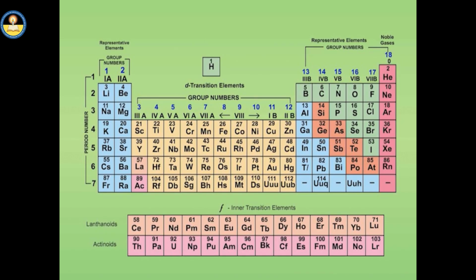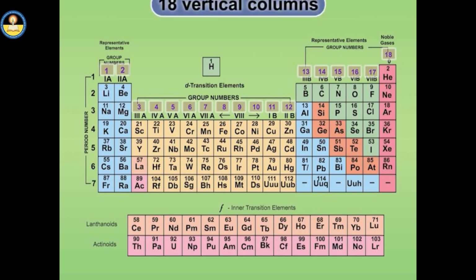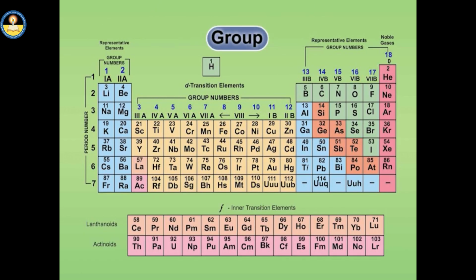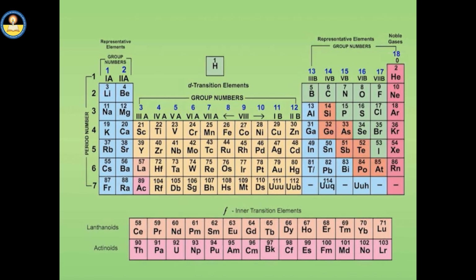The long form of the periodic table consists of 18 vertical columns or groups. These are denoted as 1A, 2A, 3A, 4A, 5A, 6A, 7A, the 3 columns of group 8, 1B, 2B, 3B, 4B, 5B, 6B, 7B, and 0.